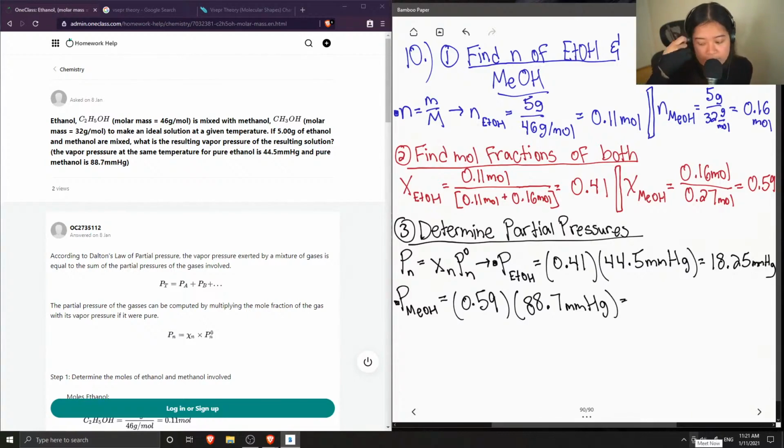If we multiply the two, we end up with 52.3 millimeters of mercury.